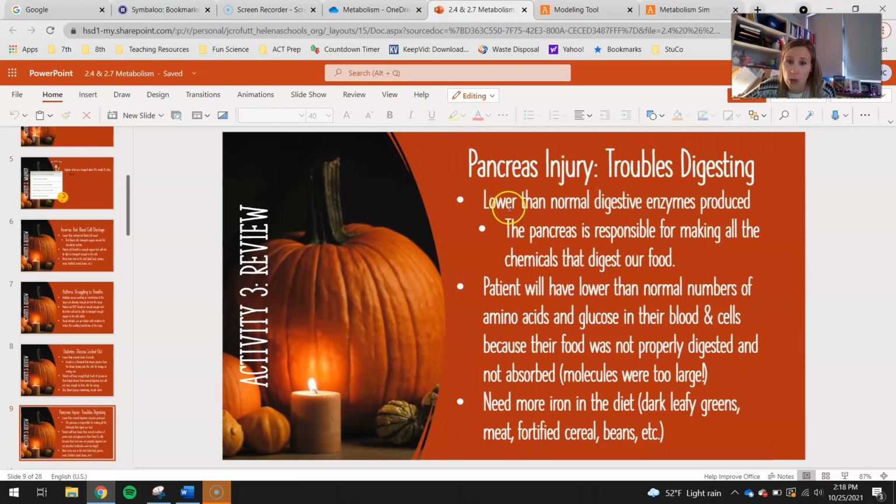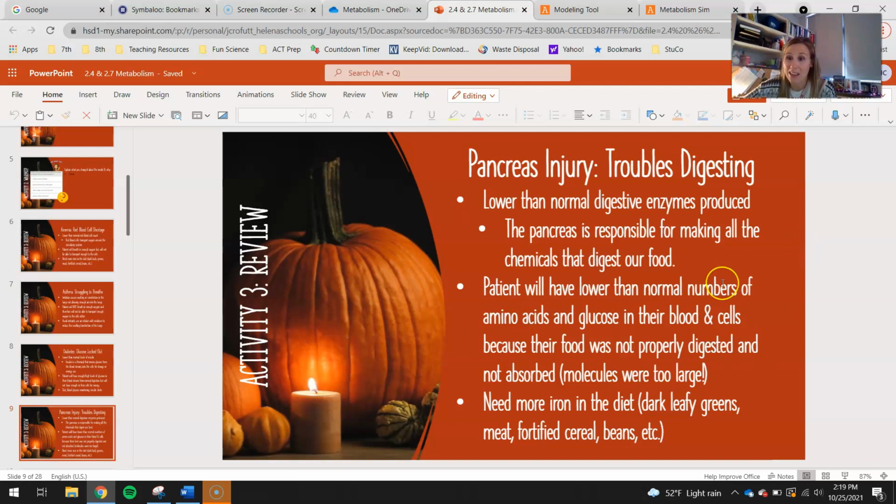Okay, so lower than normal digestive enzymes are produced due to this injury to the pancreas. The pancreas is responsible for making all of the chemicals that digest our food. The patient will have lower than normal numbers of amino acids and glucose in their blood and cells because their food was not properly digested and not absorbed. So basically, we eat it, it comes into our body, but we don't break it down and use those nutrients, and then it just leaves our body, okay?